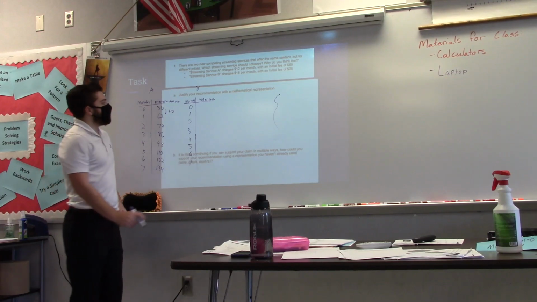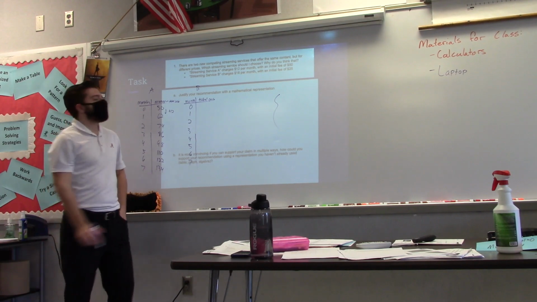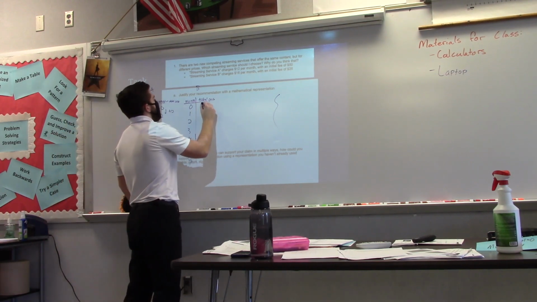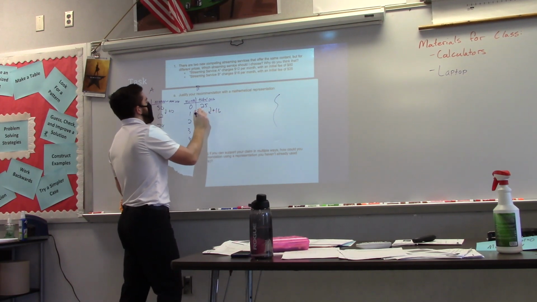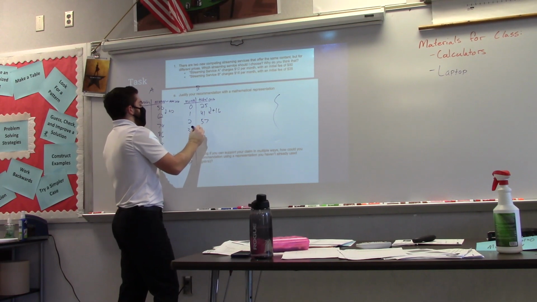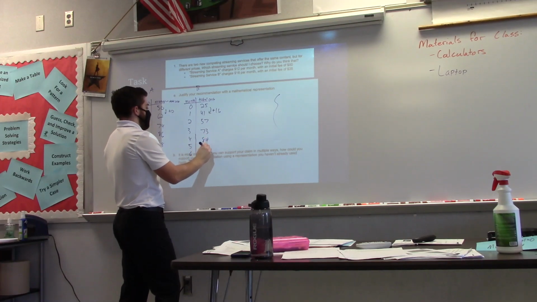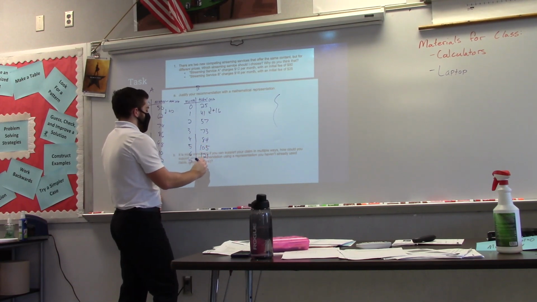So what did you start with for B? 25. 25, okay, and then how much per month were you repeatedly adding? 16. 16, okay, so that got you 41, 57, what did you get for month 3? 73, 89, 105, 121, 137.